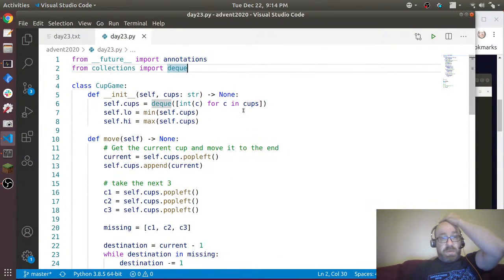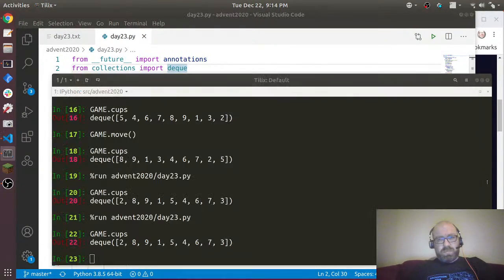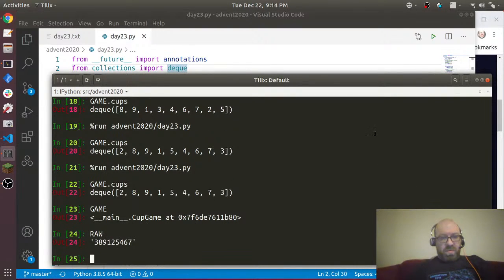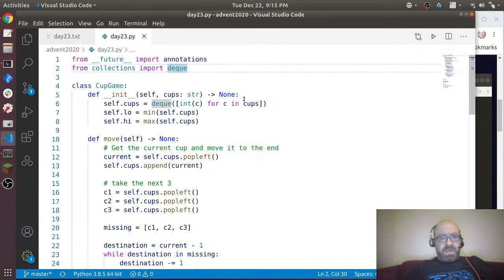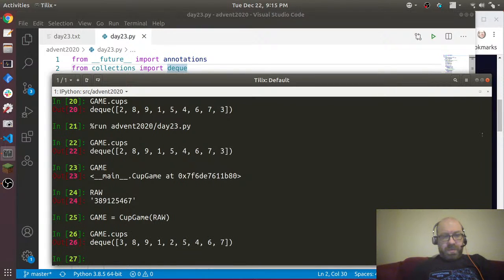So self.cups equals deque of int c for c in self.labels. Why is that? Game equals CupGame(raw). Game.cups. Okay, that's right.